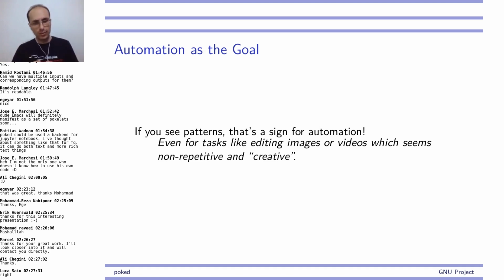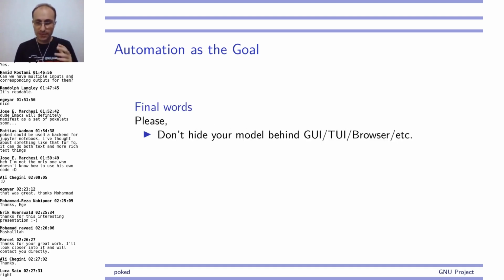For example, you want to resize your images. You want to apply some kind of filters. So you see, even people in graphics use automation. So it's really important to put automation at the forefront, as the first thing you want to do.